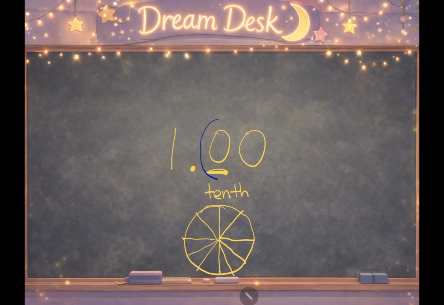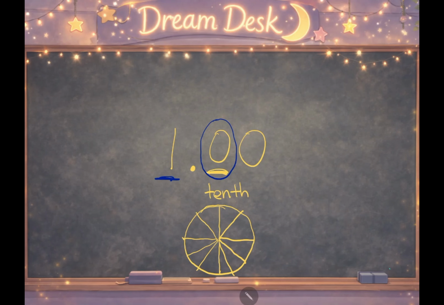Is this tenth place value going to be bigger than ones or smaller than ones? That is right. It is going to be smaller than ones because I have equally shared one whole into 10 equal pieces.